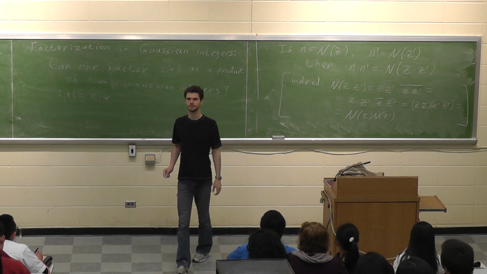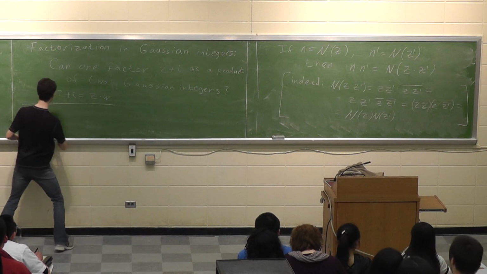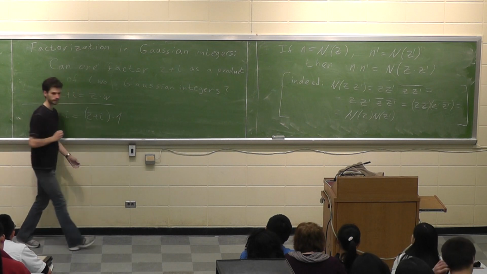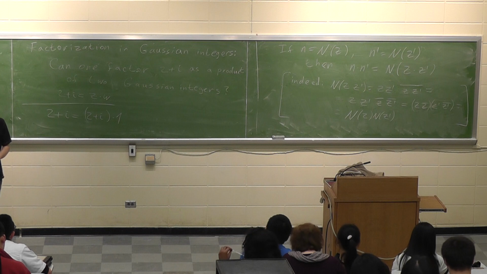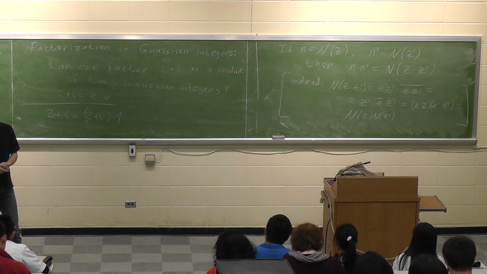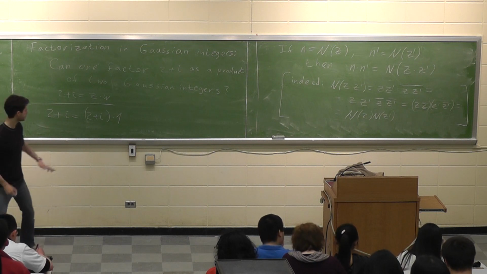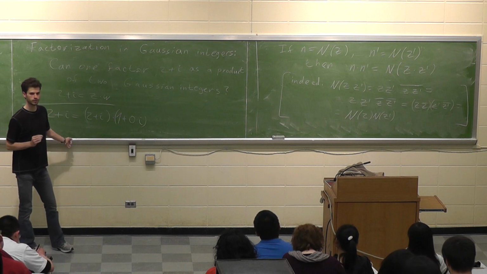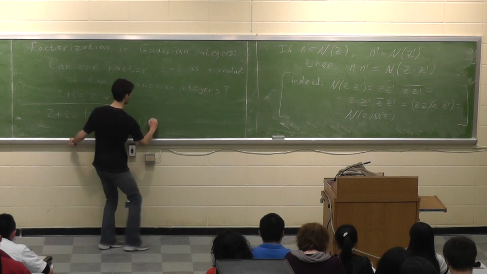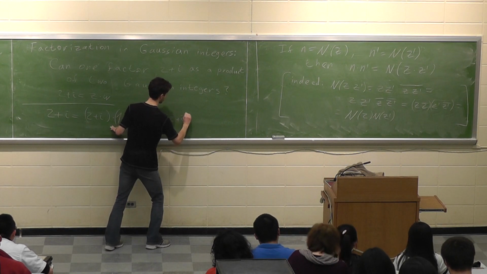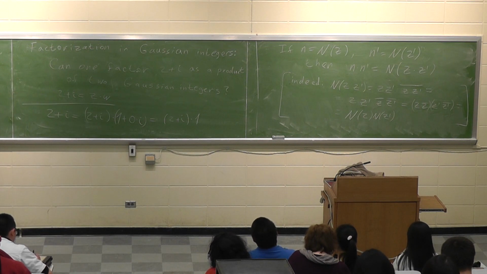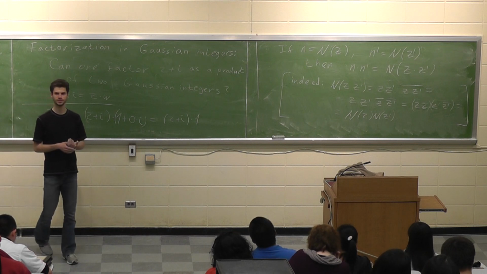Yes? 2 plus i times 1. Yes, great. 2 plus i is 2 plus i times 1. Is there some other way? Yes, 1 is definitely a Gaussian integer. So this number is 1 plus 0 times i. So usually we're just writing 1. So is it the only possible way?